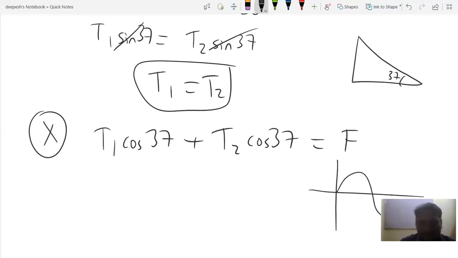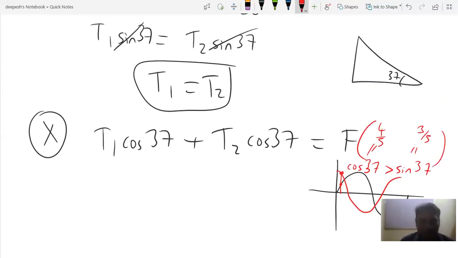This is the graph of sine and this is the graph of cos. Which value is greater at 37? 37 is somewhere here. So we can say cos 37 is greater than sin 37, because the cosine graph has greater value and the sine graph has smaller value. So cos 37 is greater, 4 by 5, and sin 37 is smaller, 3 by 5. So let us substitute the value of cos 37 as 4 by 5.